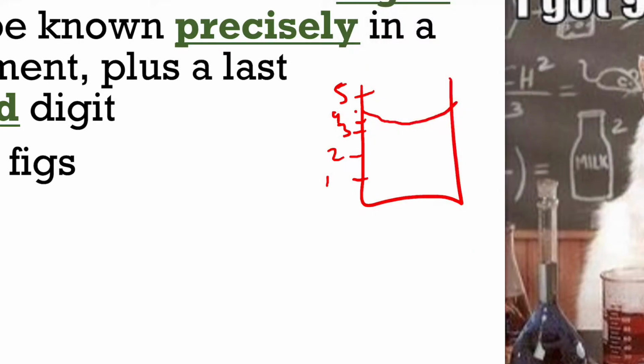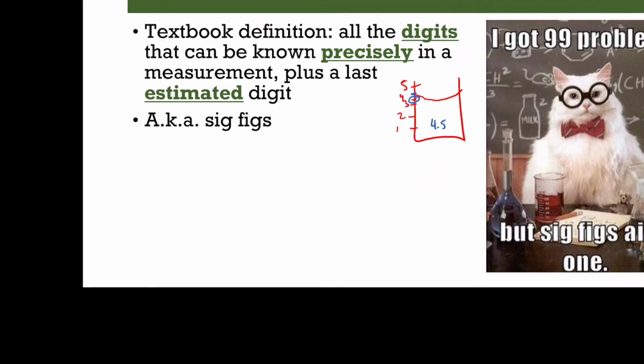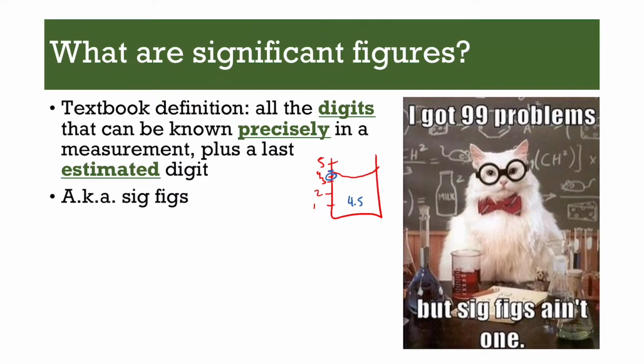You might say, oh, well, I know it has to be at least 4, and it's about between 4 and 5, so you would say 4.5. So basically what a sig fig is, it's what you can measure plus that one guess. Now, you didn't know exactly that it was 4.5. It could have been 4.6, it could have been 4.4. So that's what we mean by that last number being an estimated guess. So it's what you can measure plus one number.